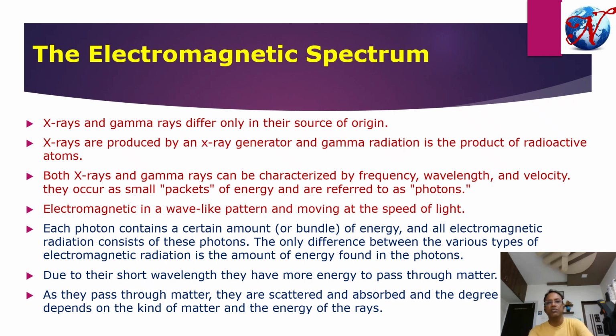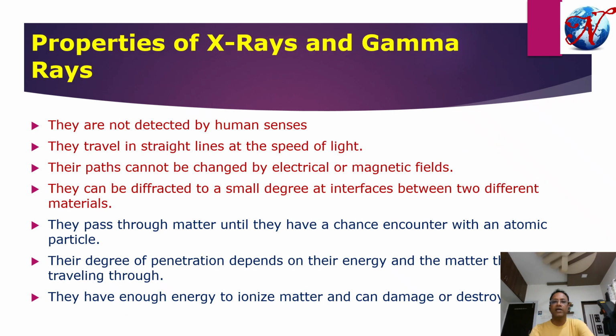Both have frequency, wavelength, and velocity, and both contain energy packets known as photons. The main thing about electromagnetic radiation is that it cannot be detected by the human senses, and it travels at the velocity of light. That's why it has very high kinetic energy and very high penetration power.